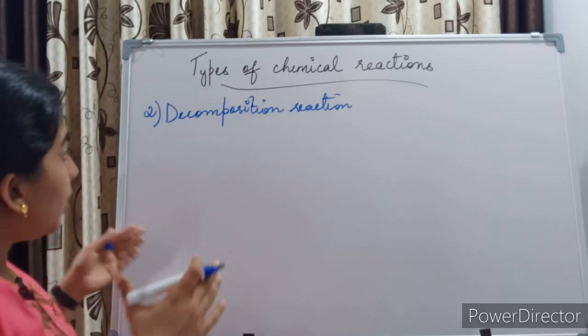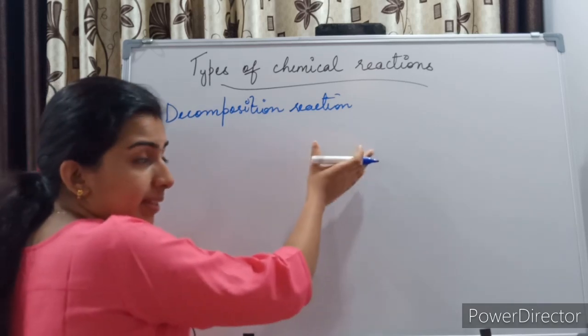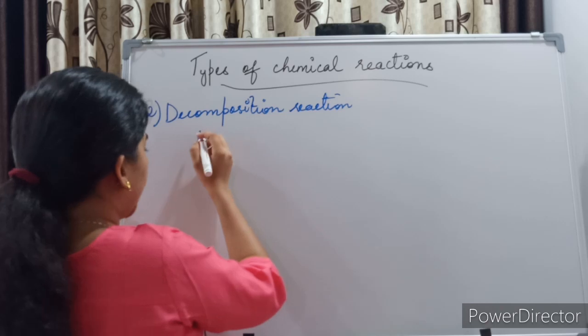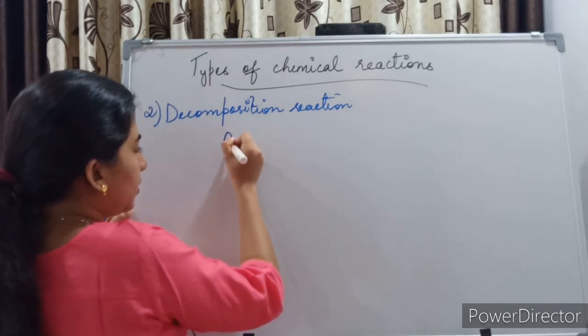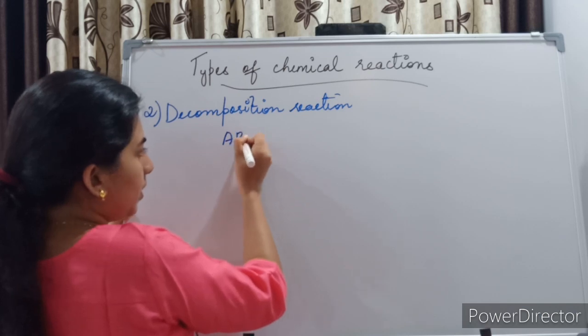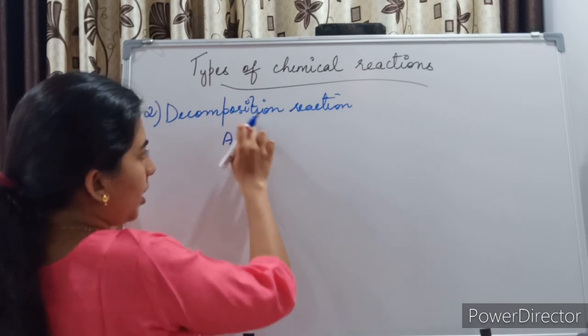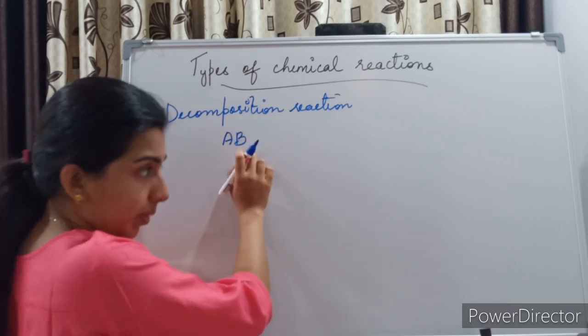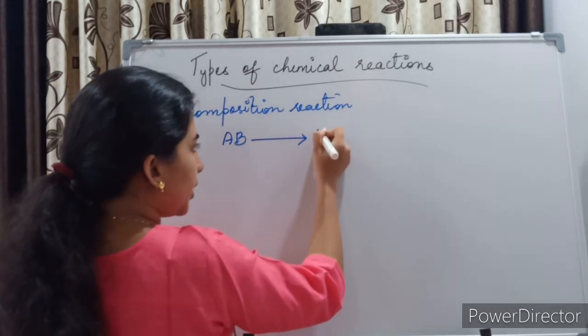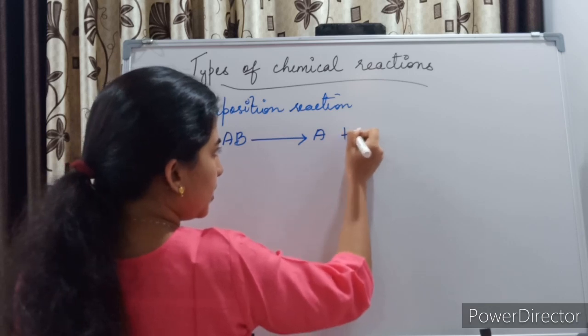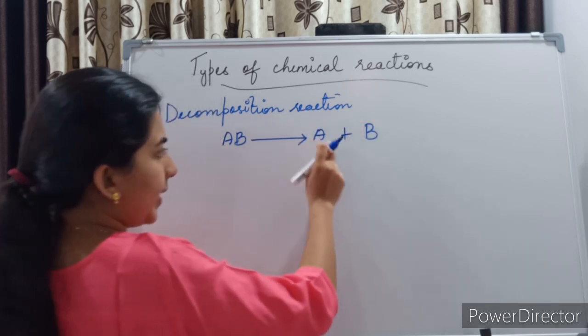So here the reactants break down and give products. Consider AB to be a compound, and it decomposes to give products like A and B.